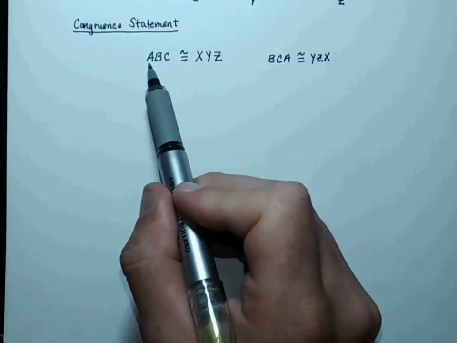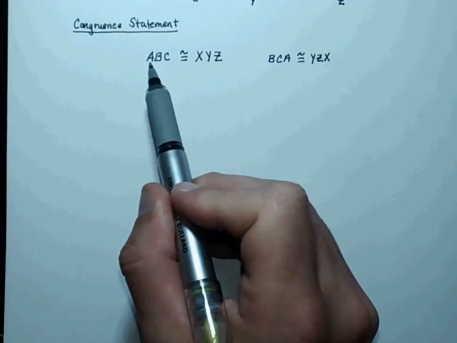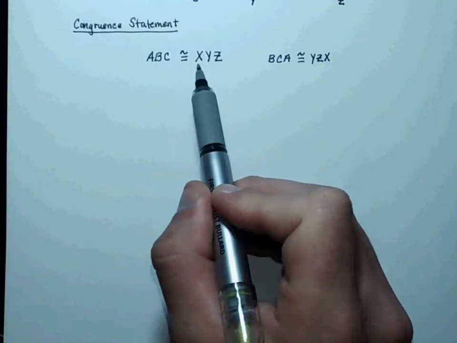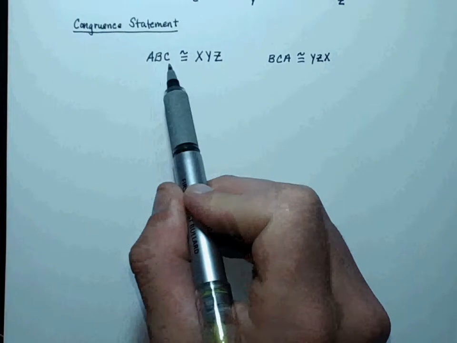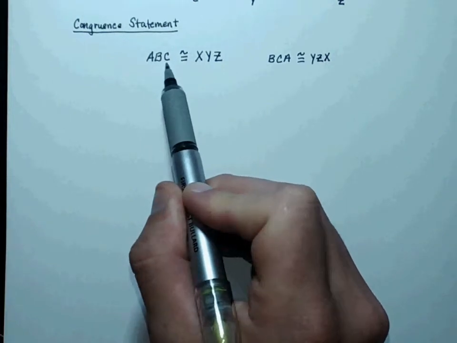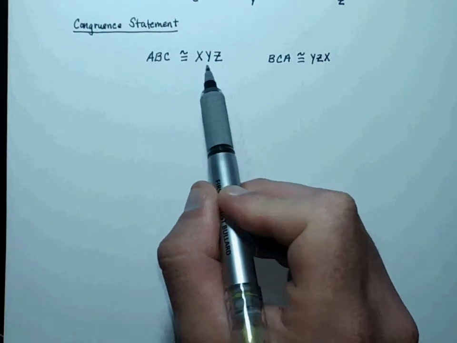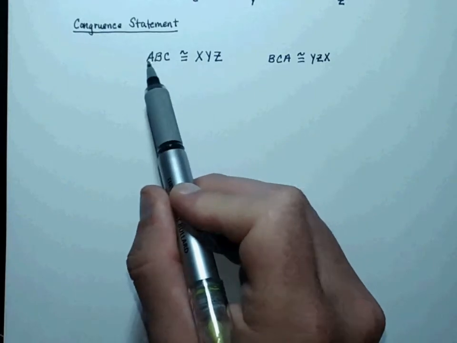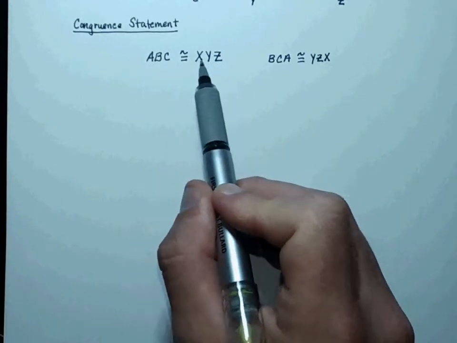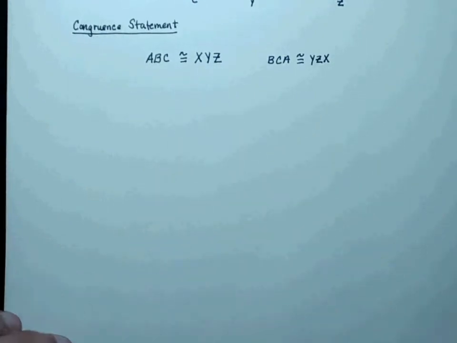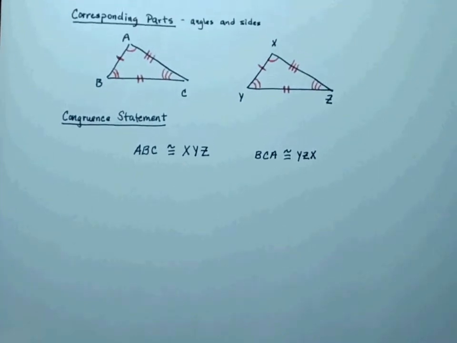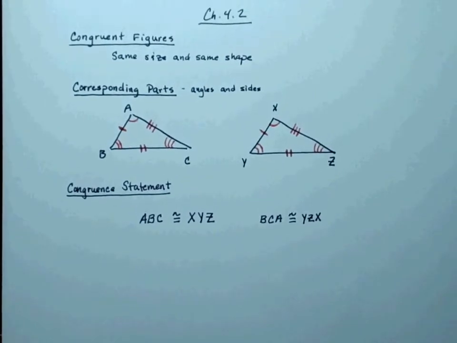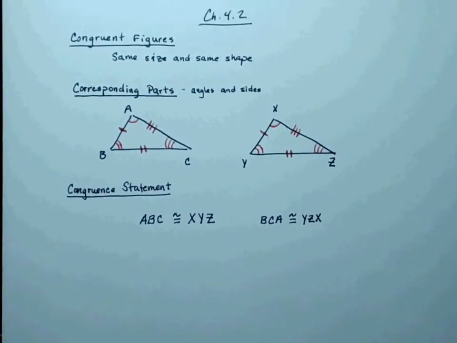I could also say that side AB is congruent to side XY, BC is congruent to YZ, and AC is congruent to XZ, without even having a picture. That's why we need to match up our corresponding parts for a congruent statement.